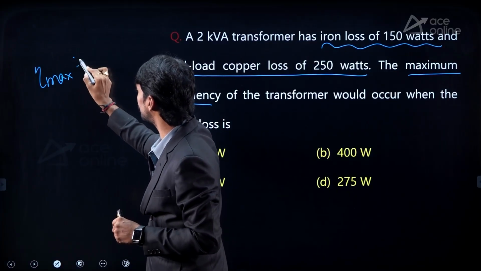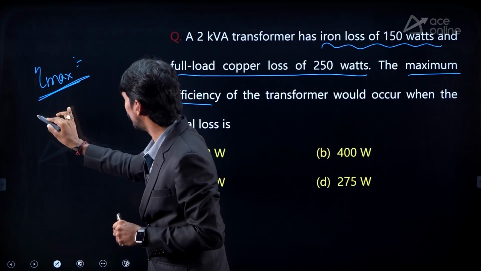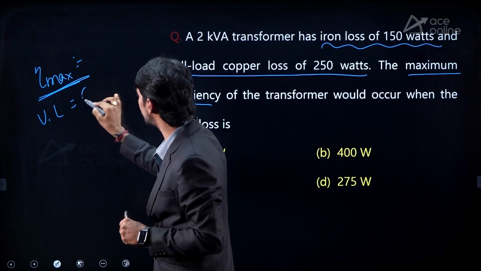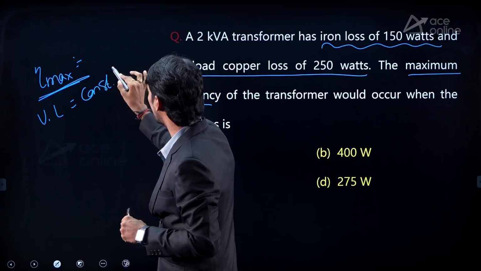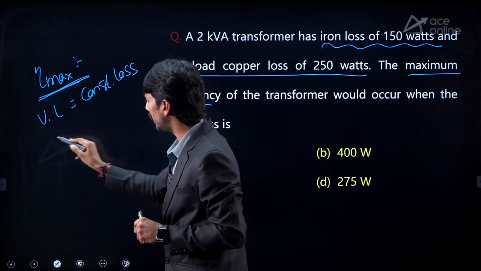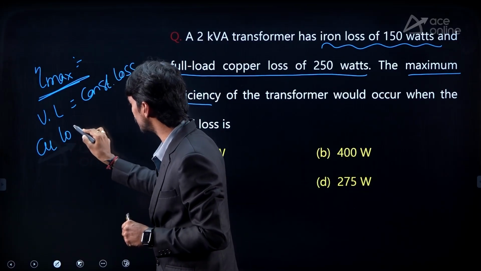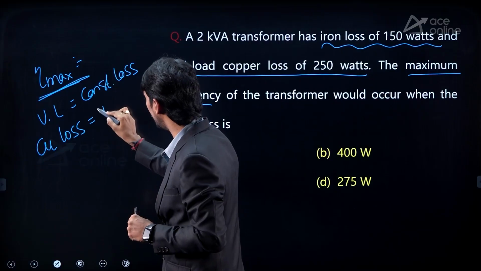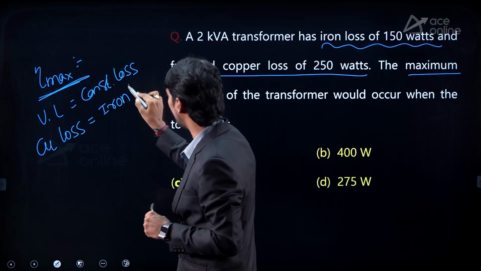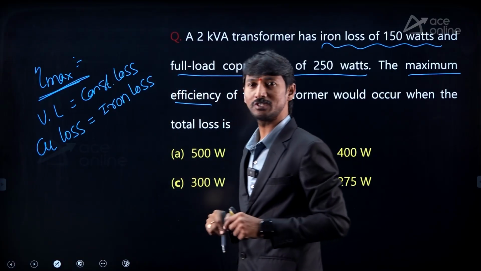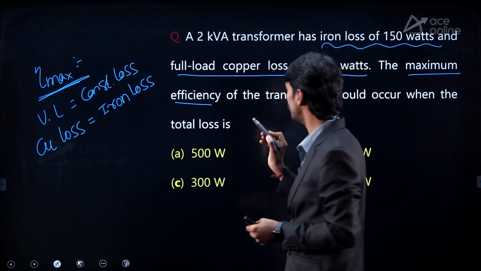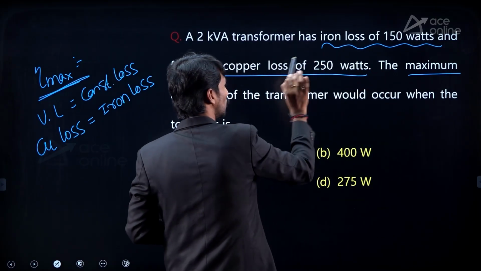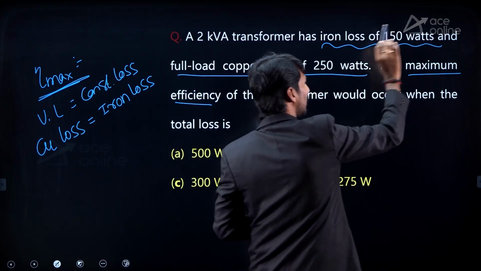What is the condition? Variable loss must be equal to which loss? Constant loss. What is variable loss? Copper loss. Copper loss must be equal to iron loss. Now copper loss is given as 250, iron loss is given as 150.